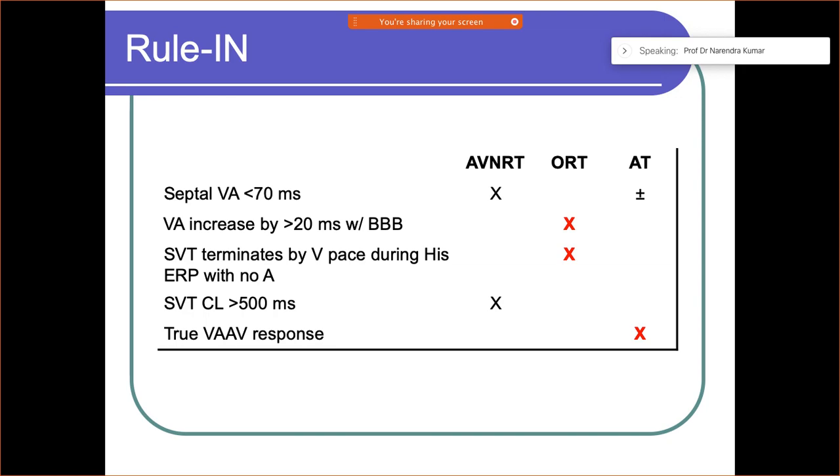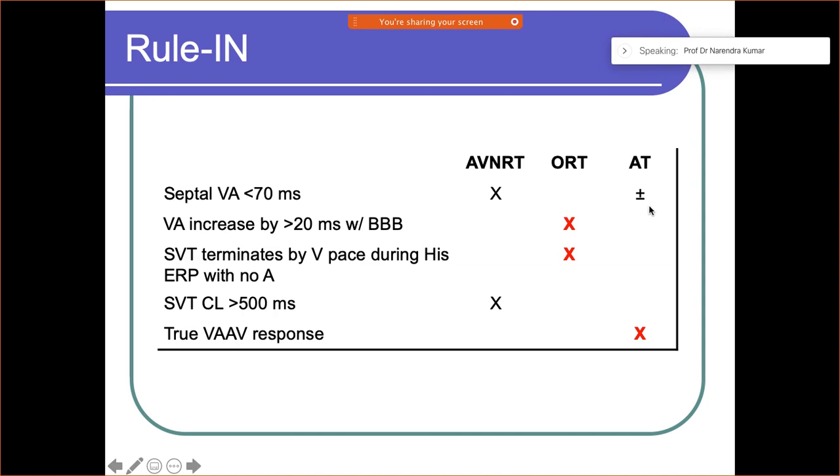Okay, so now you know quite a lot of things about how to rule out, but how to rule in? For example, if you get some finding, you are able to tell, okay, that's the diagnosis I've been looking out for. If the septal VA interval is less than 70 milliseconds, it is highly likely a typical AVNRT, of course.